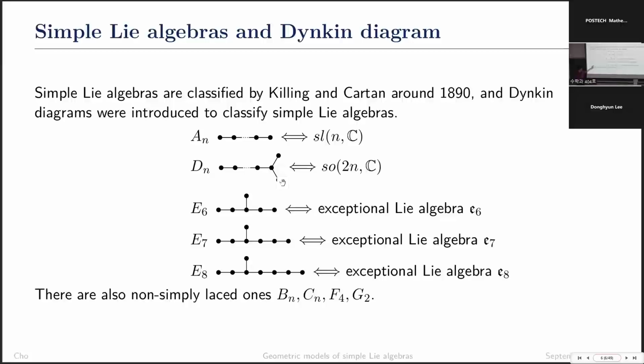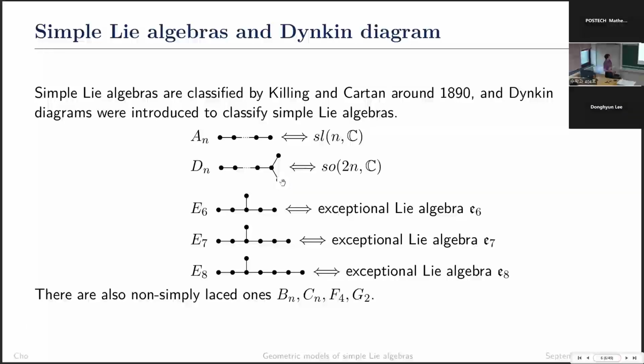Let me just mention that these non-simply laced ones are Lie subalgebras of simply laced ones. Somehow you can see them inside these ADE algebras. All right, so these ADE type Lie algebras are the subject of this talk. We want to find a geometric model of these simple Lie algebras.